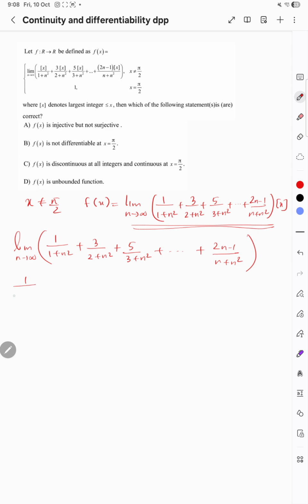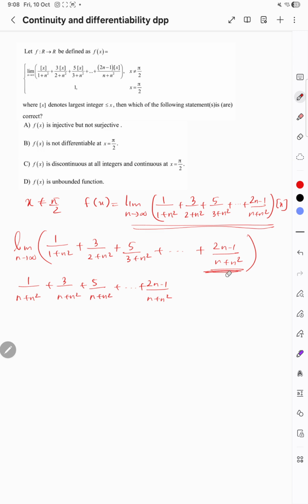I took 1 by n plus n square, then 3 by n plus n square, 5 by n plus n square, and last 2n minus 1 by n plus n square. That is, all the denominators are taken as the last denominator.